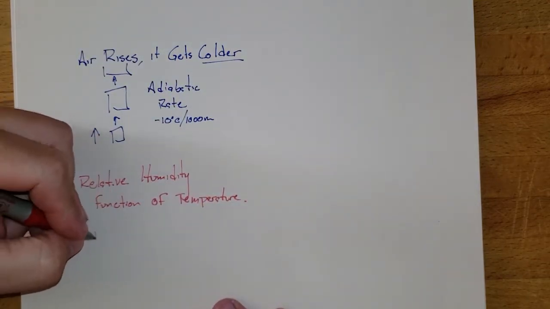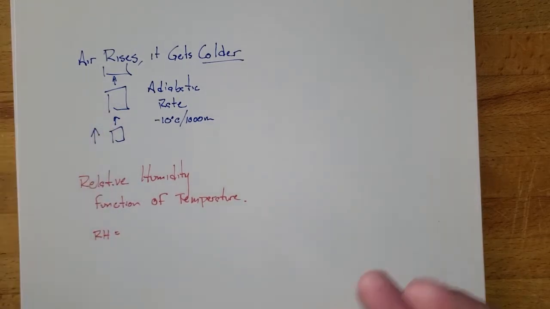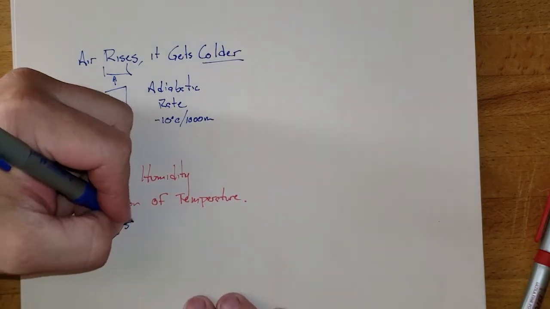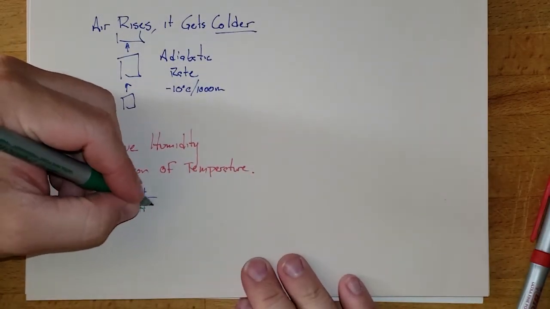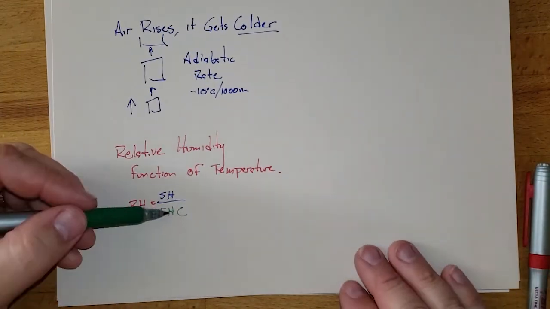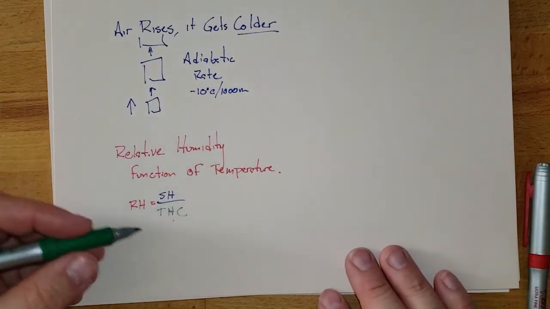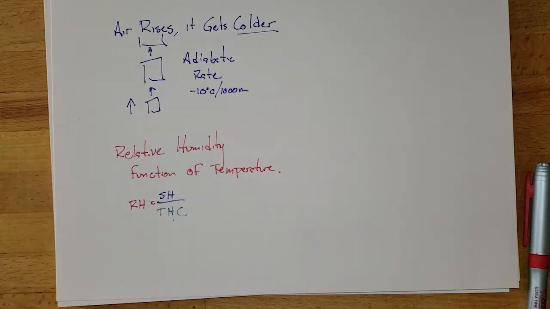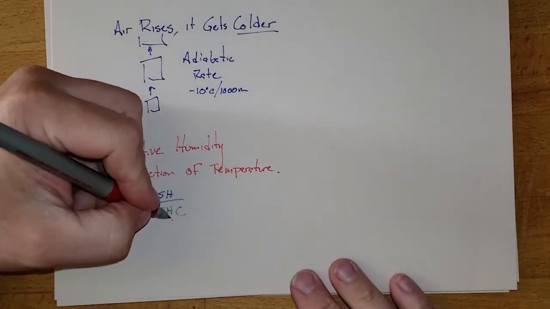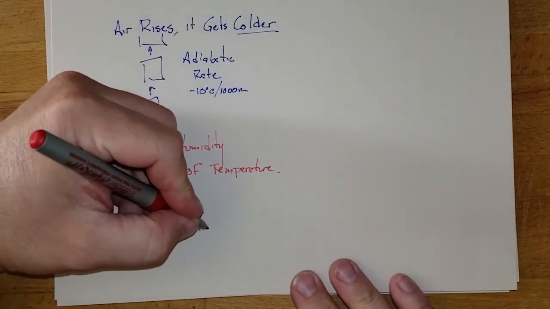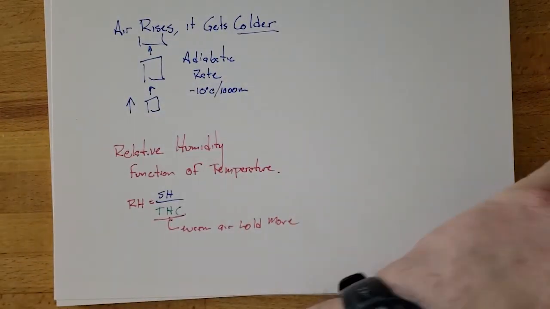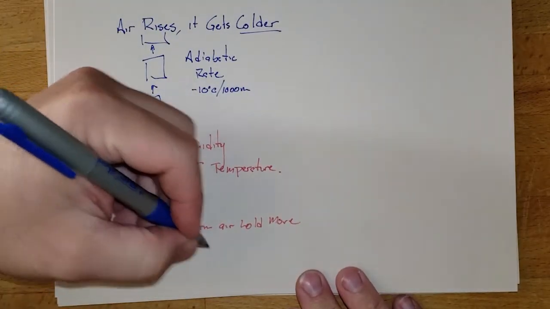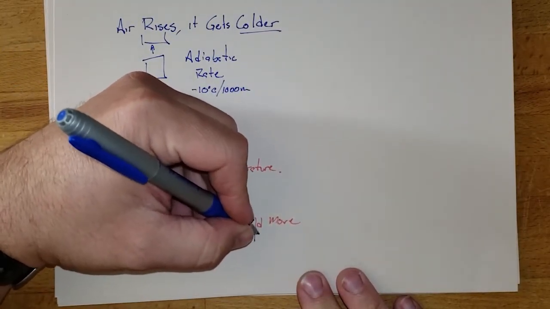We know that our relative humidity is equal to the actual amount of water vapor that's in the air, which we refer to as our specific humidity, compared to the total holding capacity. This total holding capacity is how much water vapor that air parcel can hold. We know that warm air holds more, and cold air holds less.